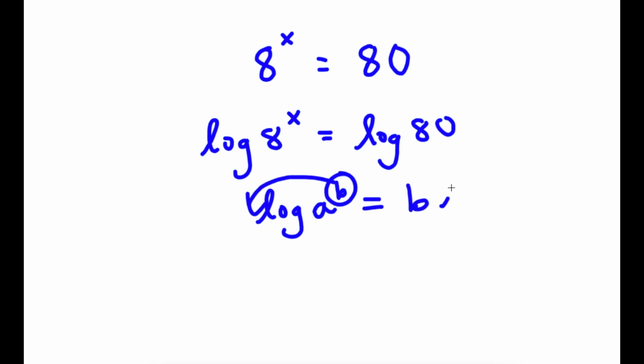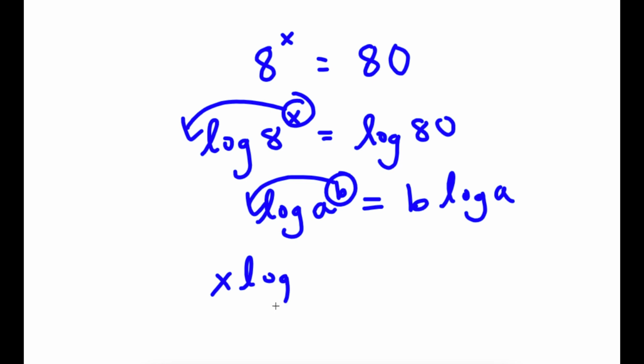So this is going to equal b times log a. So in this case, I have log 8 to the power of x, so I can move x here to the front. So now I have x times log 8 is equal to log 80.